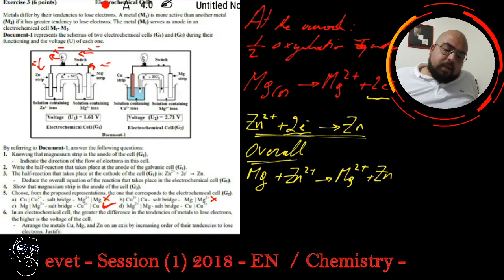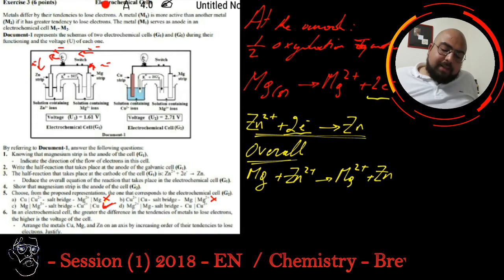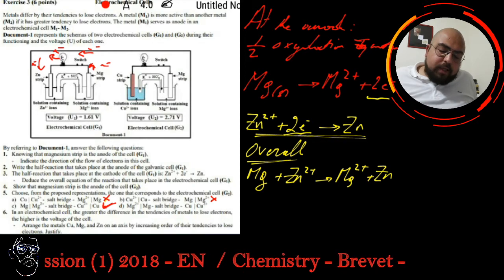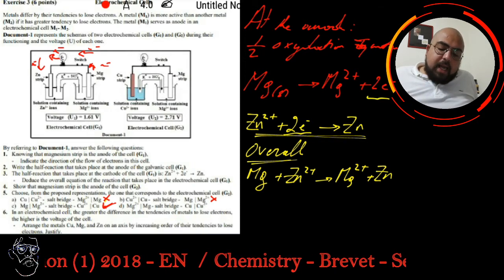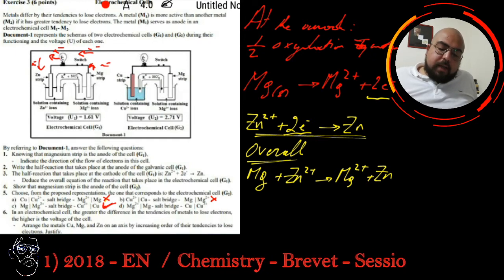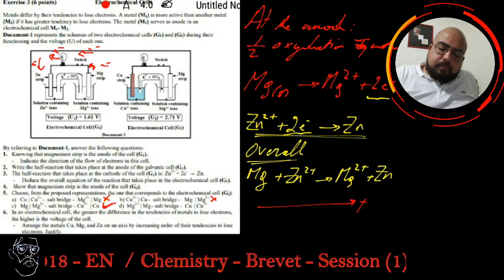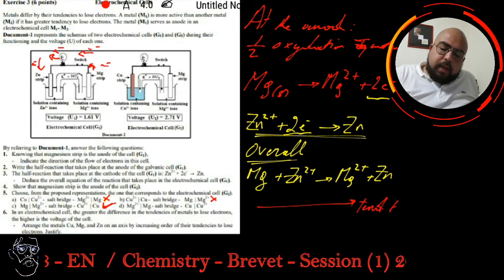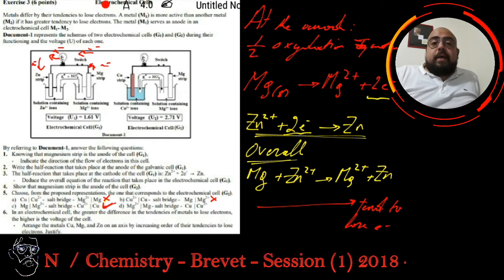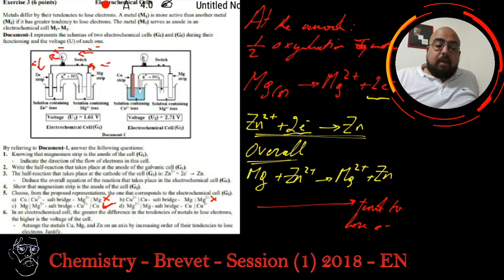In an electrochemical cell, the greater the difference in the tendency of metals to lose electrons, the higher is the voltage of the cell. Arrange the metals Cu, Mg, Zn on an axis by increasing order of their tendencies to lose electrons. We know that the higher voltage is 2.71, which is between Mg and Cu.